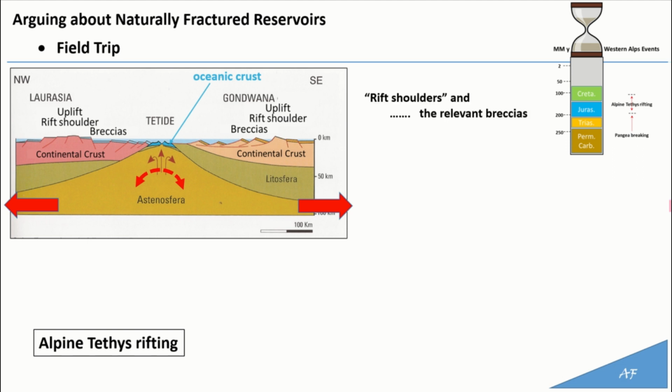The crustal extension creates, at both continent edges, large normal faults that define the gradual lowering of the margin, while at their back a symmetric uplift is triggered, creating the so-called rift shoulders and the relevant breccias resulting from the erosion of the rift shoulder mountains.